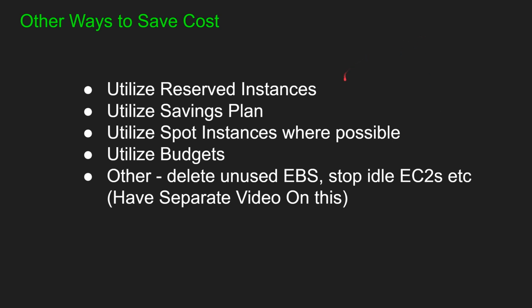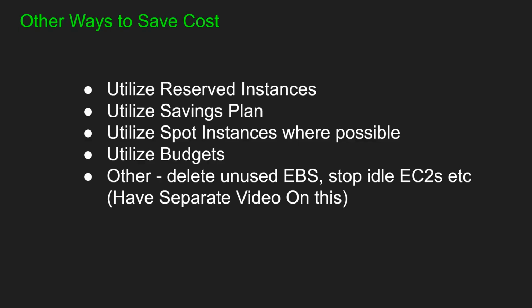You can utilize reserved instances, savings plans, spot instances. You can set budgets and alarms. And then there are a couple of other fine-tuning techniques such as deleting unused hard disks or EBS, stopping idle EC2s, etc. I have a separate video on this topic, so I'm going to link it up top.